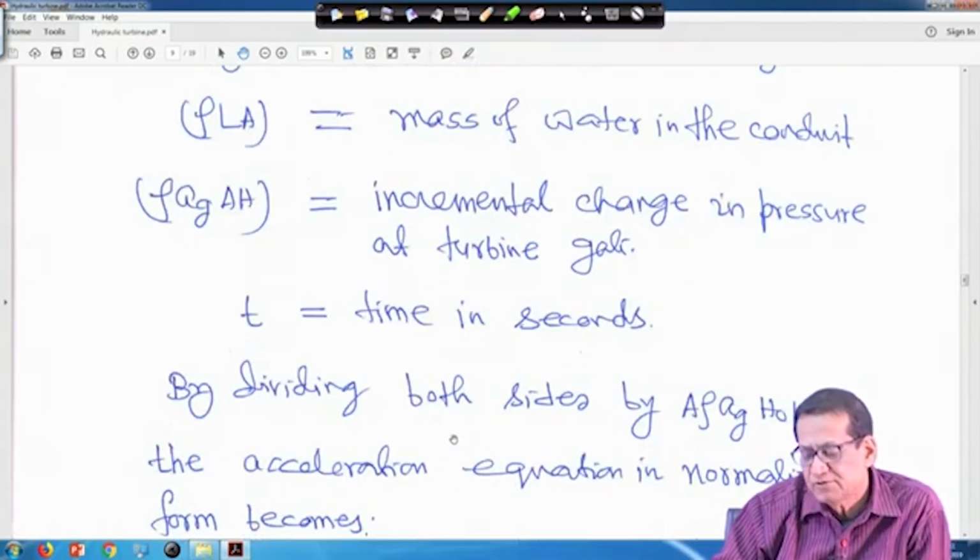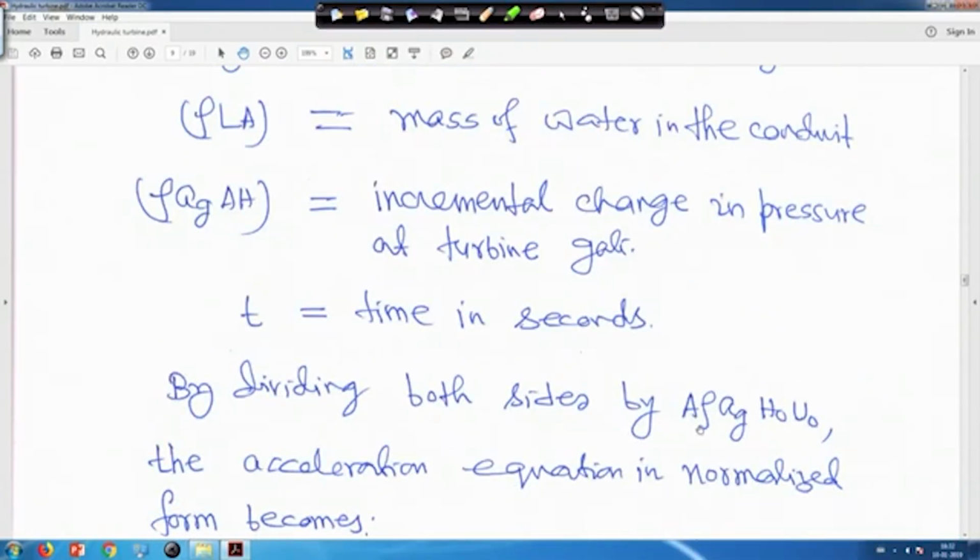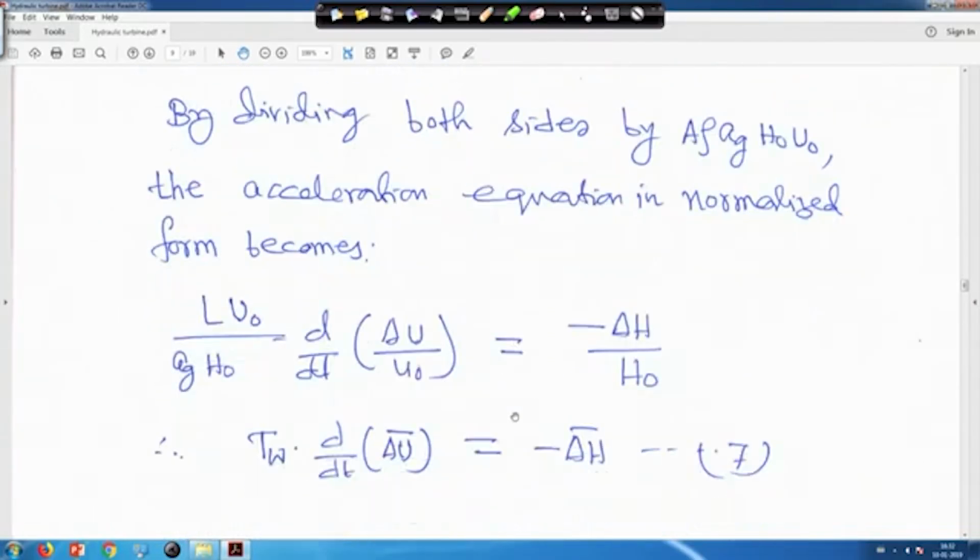By dividing both sides by A rho Ag H0 U0, you will get the acceleration equation in normalized form. It will become L U0 upon Ag H0 d/dt of delta U upon U0 is equal to minus delta H upon H0.